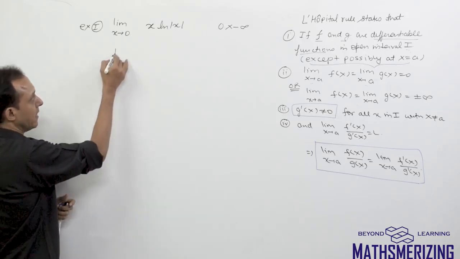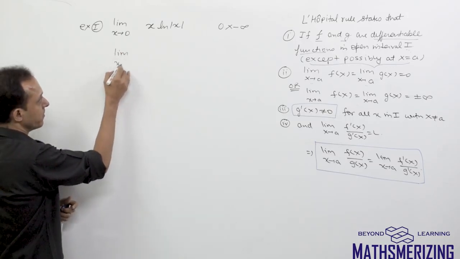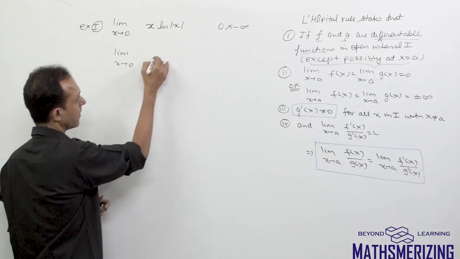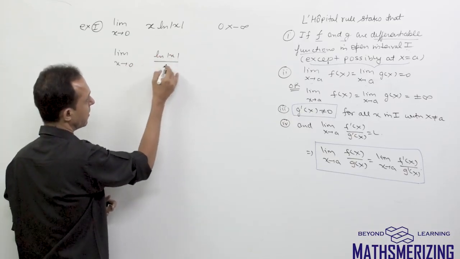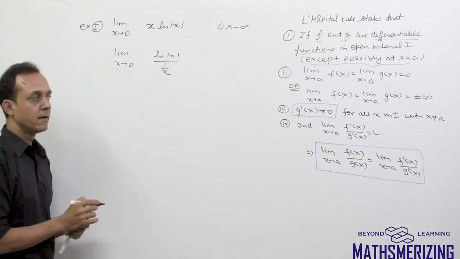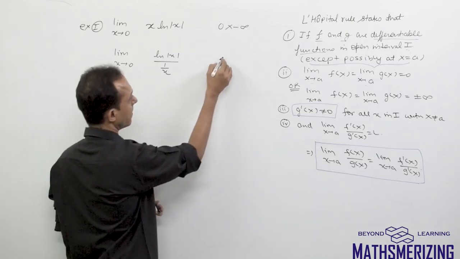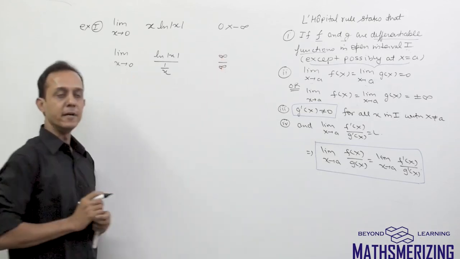Now I can write it as the limit as x tends to 0 of log|x| upon 1 upon x, which is infinity upon infinity form.